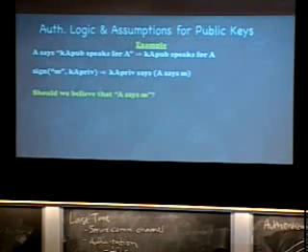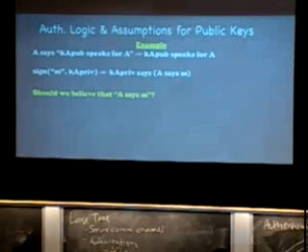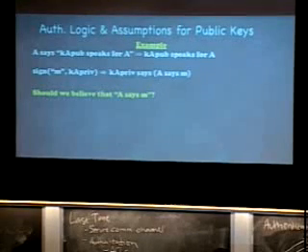The question now is, should we actually believe that A said M? I saw a message, I know what A's public key is, and I maybe trust it, and I saw this sign thing. Do I believe that A actually said M, given that I saw a message signed with KA private?